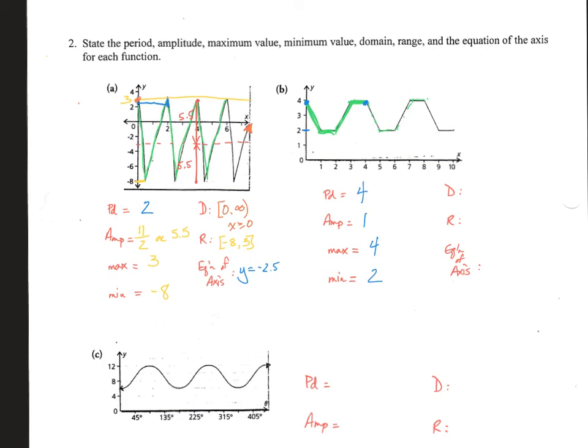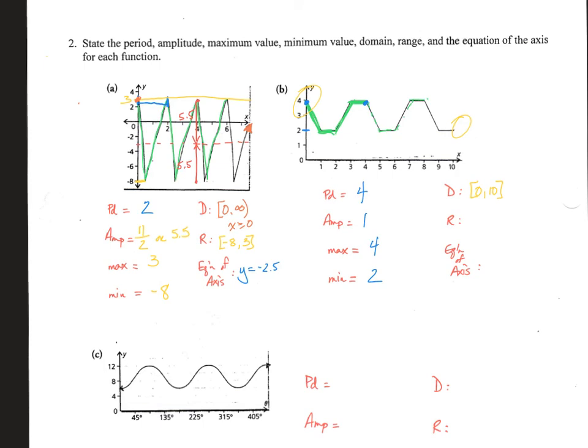My domain, I notice that neither my beginning nor my end have arrows on it, which means that my graph begins and stops at those points. So that means I have a domain from 0 up to 10 inclusive. What is my range?